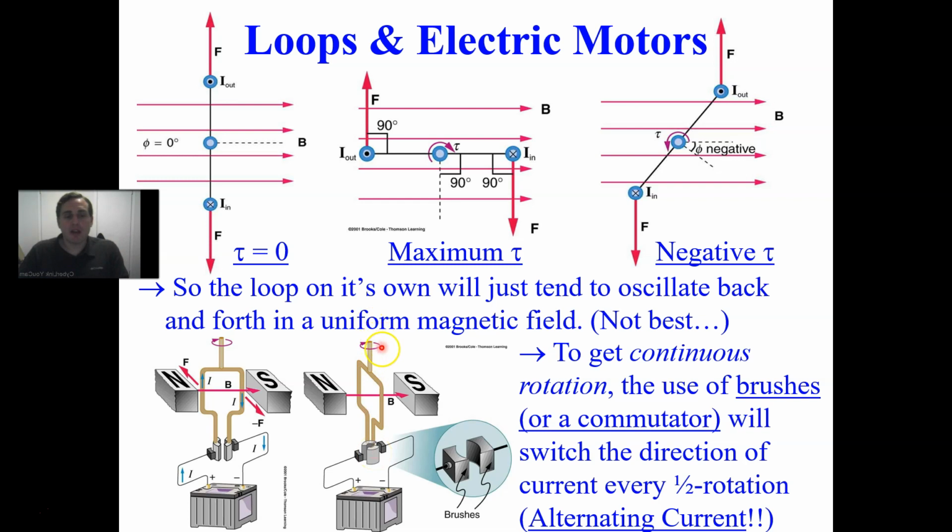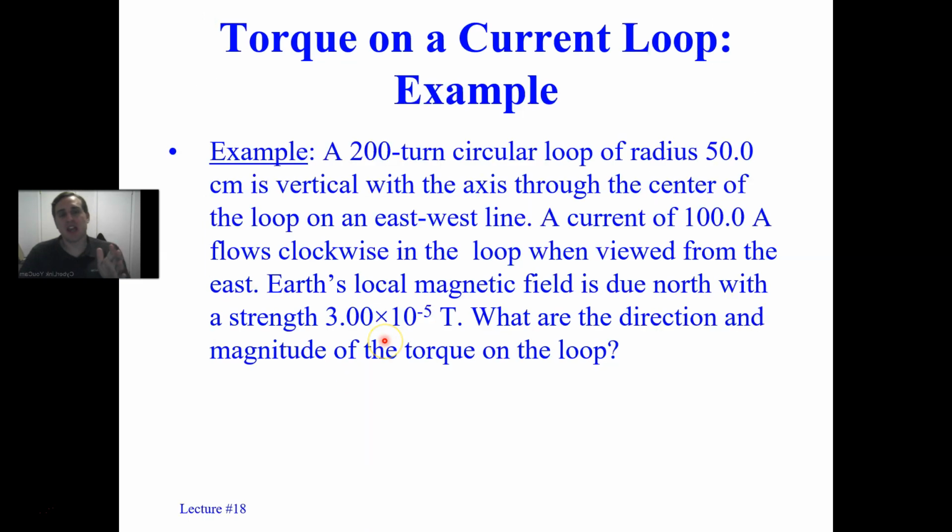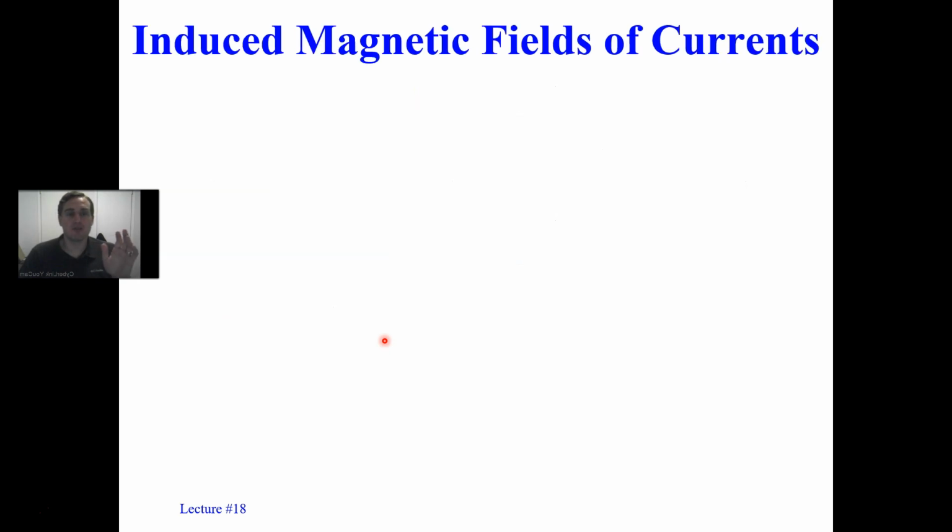So by the way, what is actually happening is the input is electrical energy and the output is mechanical energy. That is to say, the potential energy source is the battery. The mechanical energy output is the motor itself. This is an example of a loop with a certain radius and a certain current, and I will perform this calculation in a later video.